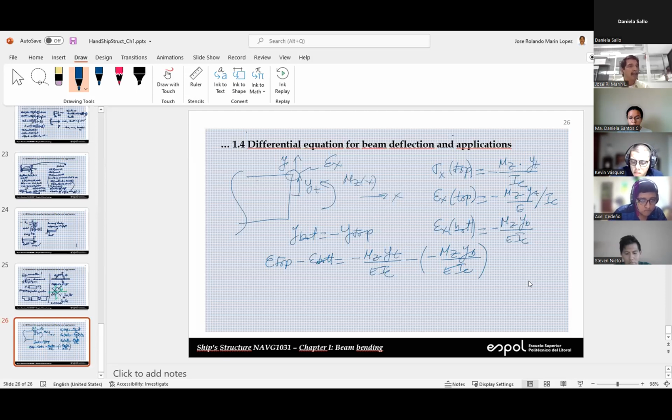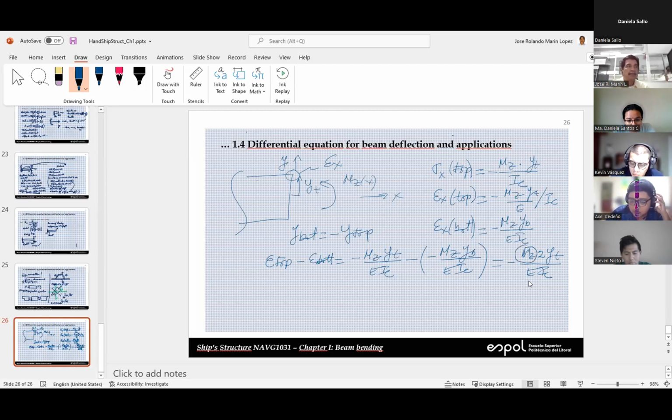Now, this one here is minus, so we have 1, 2, and 3 minuses. So we're going to have minus Mz twice y at the top over E I sub c. And this is what you try to obtain.